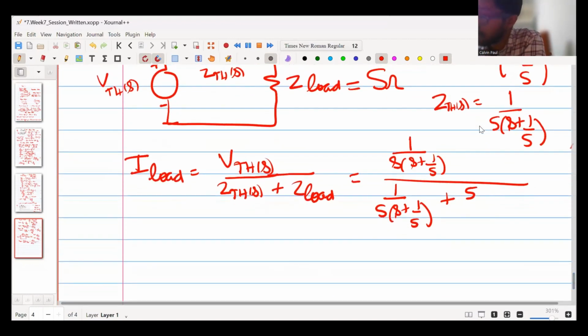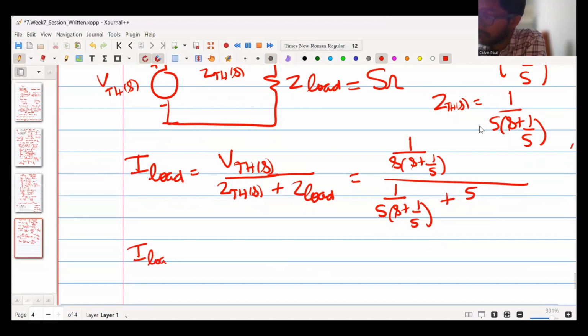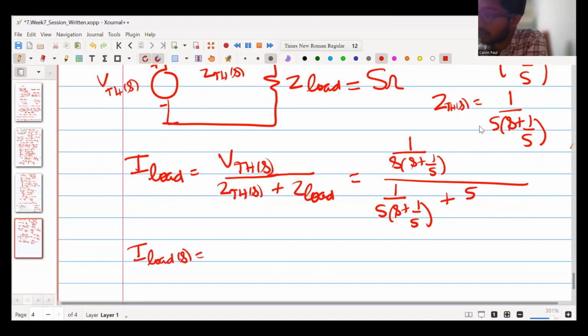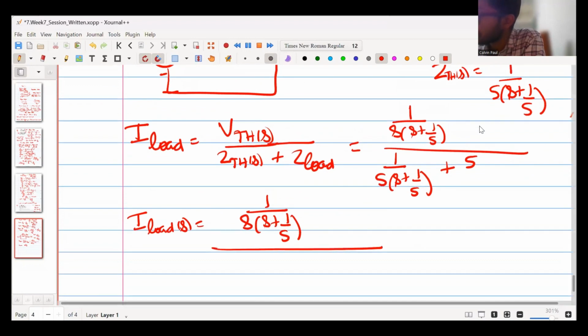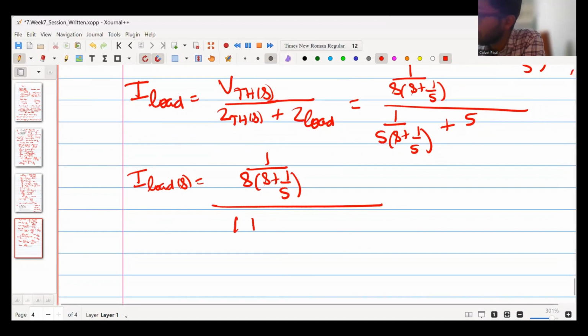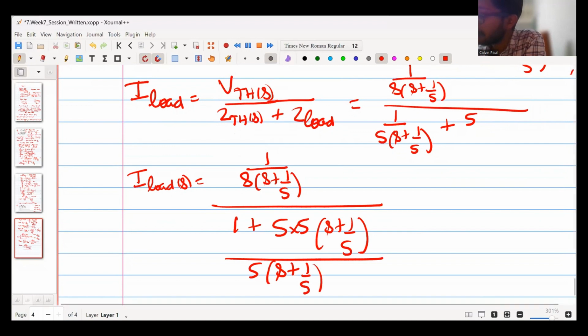So my I load of S is equal to 1 by S into S plus 1 by 5, and cross multiplying, it becomes 1 plus 5 into 5 into S plus 1 by 5, divided throughout by 5 into S plus 1 by 5. Is this step clear?